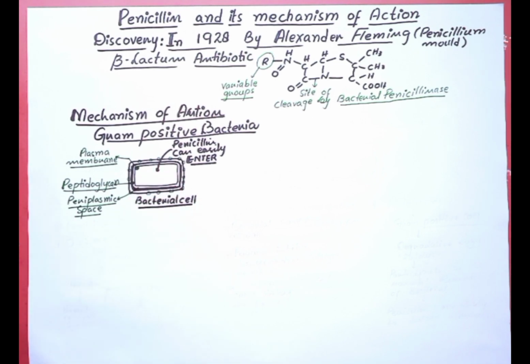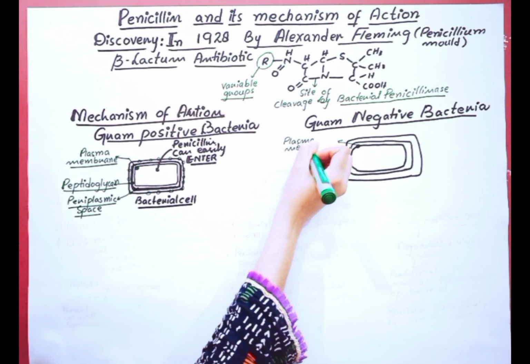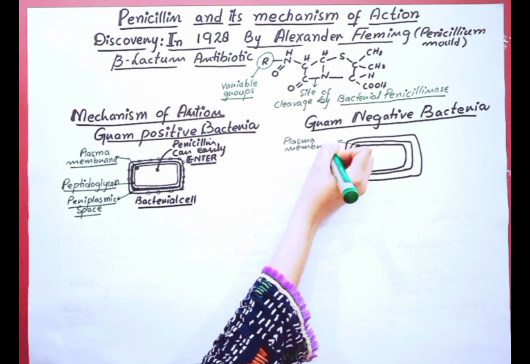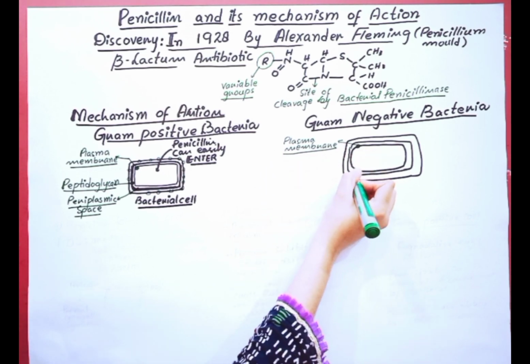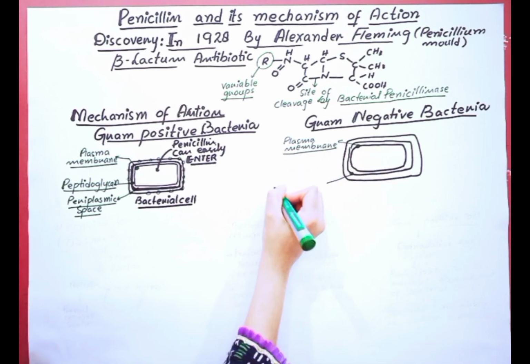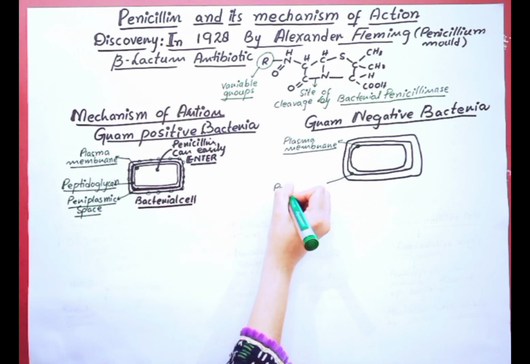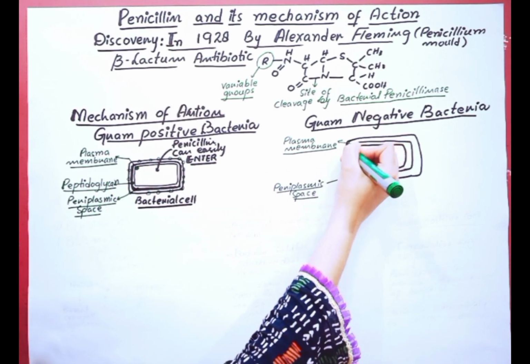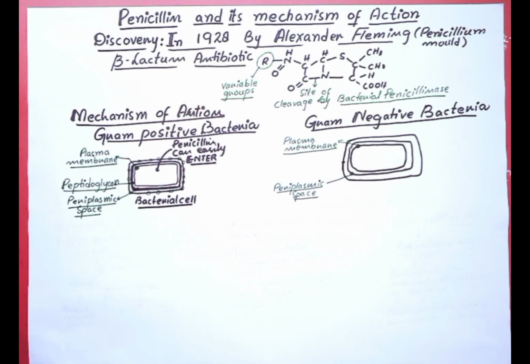On the other hand, in gram-negative bacteria, the innermost membrane is the plasma membrane of the bacterial cell. The middle space is the periplasmic space as in the gram-positive bacteria. The outer layer of gram-negative bacteria is made up of lipopolysaccharides and proteins. So in case of gram-negative bacteria, penicillin enters in a different manner.